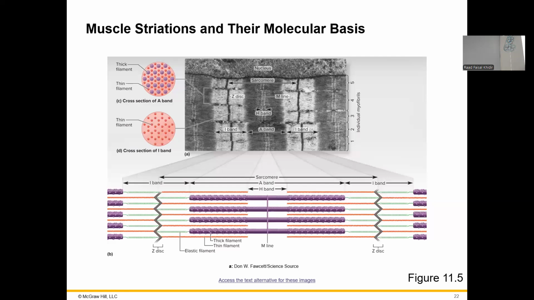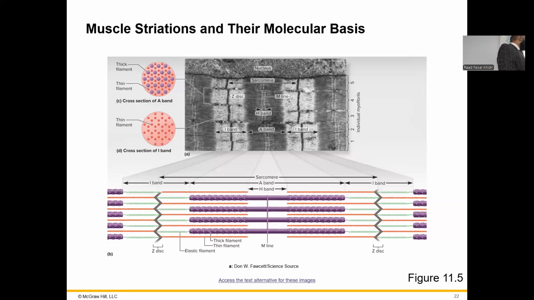Then if you look outside in the I band, the I bands do not have any myosin either. But your sarcomere is going to extend from the Z disc that is found within the I band.